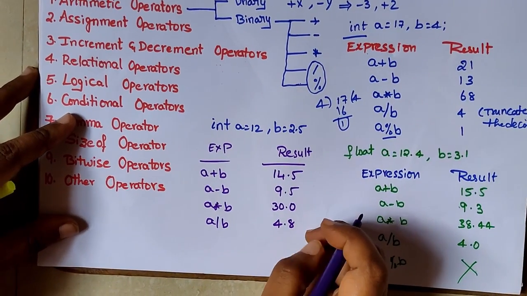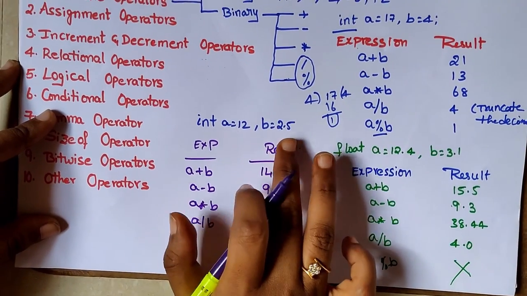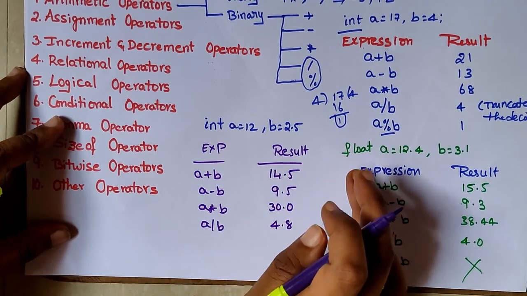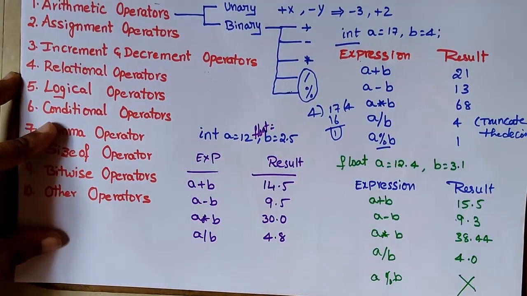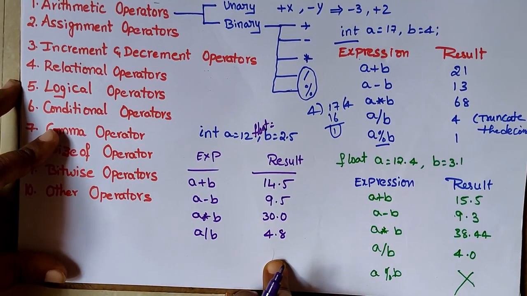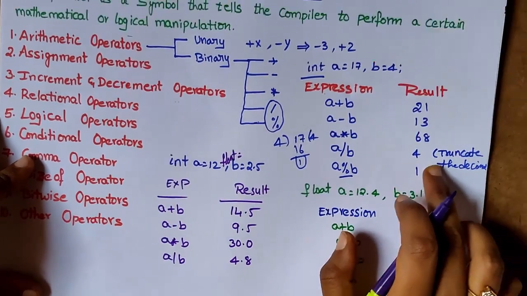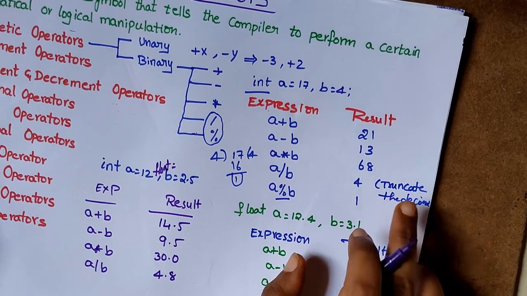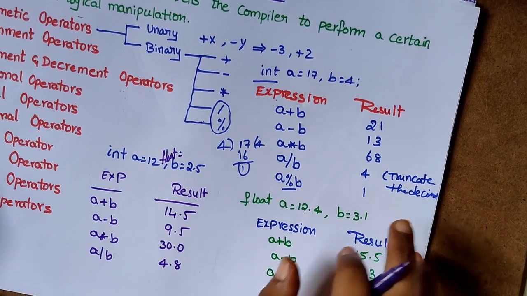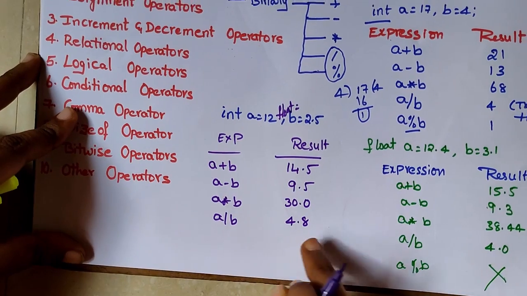What is the advantage of this kind of mixed mode arithmetic, with a floating point and one integer? Sorry, here we have to write the float. We can get the exact value. See, here it has to come 4 point something, but we can't get the exact value; here the value is 4 only. But if you use one float and one integer, you get the exact value.